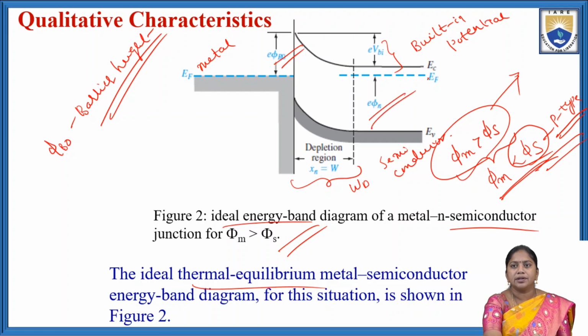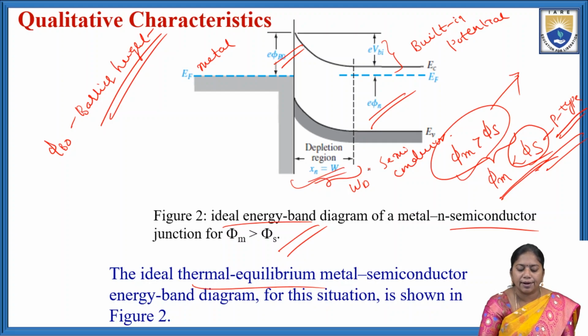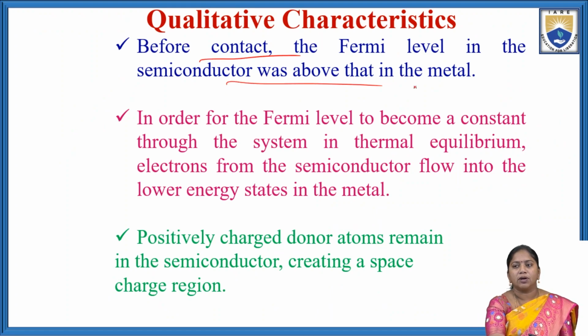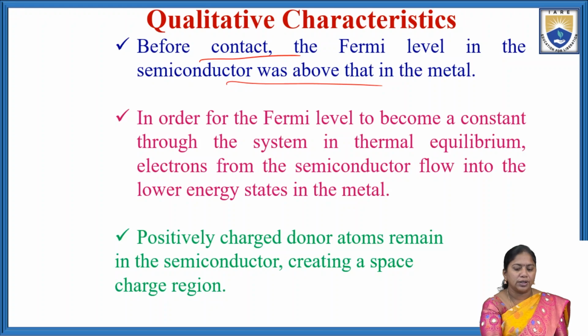Here phi m is the metal work function, and chi is the electron affinity of the N-type semiconductor. Before the contact, the Fermi level in the semiconductor was above that of the metal.